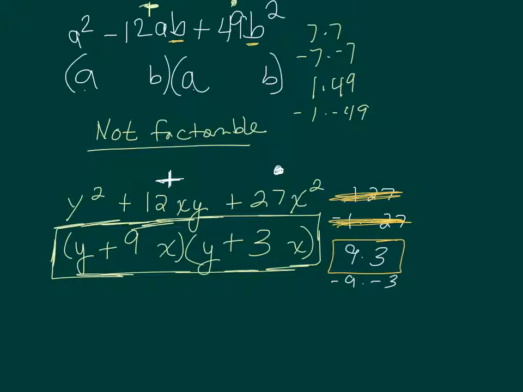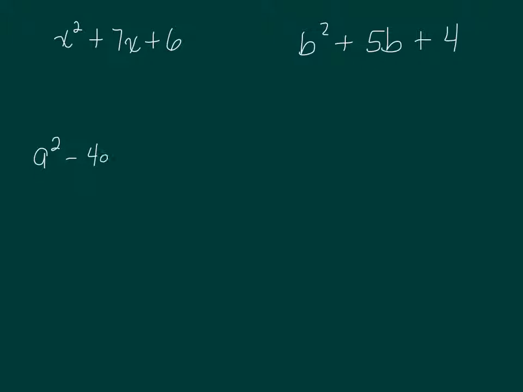Alright, cool. Let me let you try some. Alright, so what if I ask you to factor the following? x squared plus 7x plus 6. What about b squared plus 5b plus 4? What about a squared minus 4a minus 12?